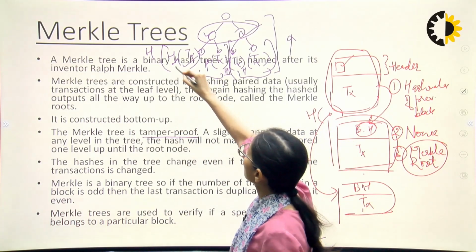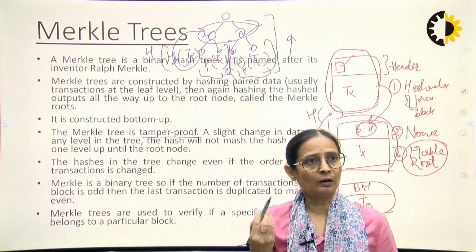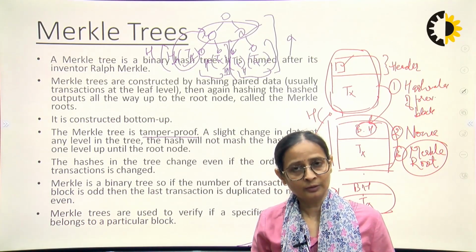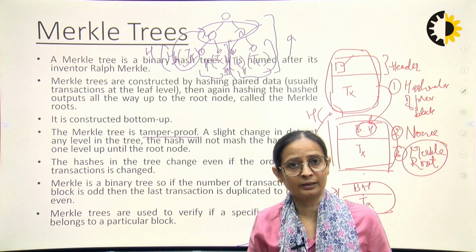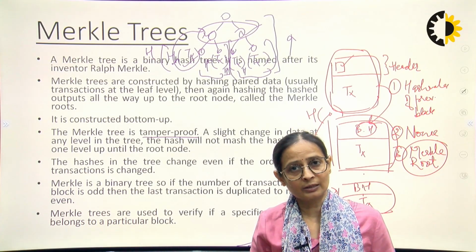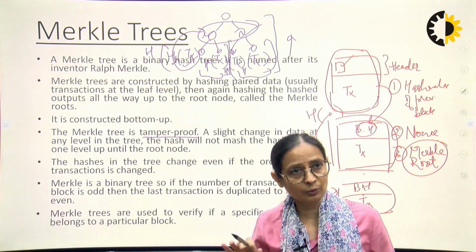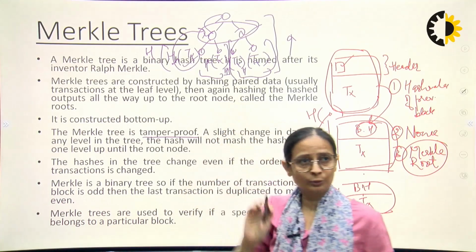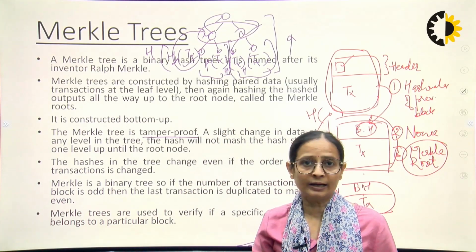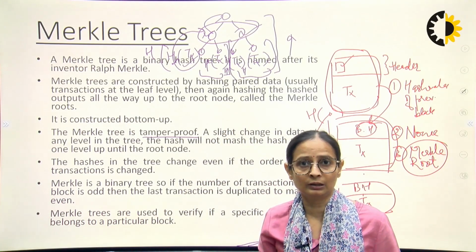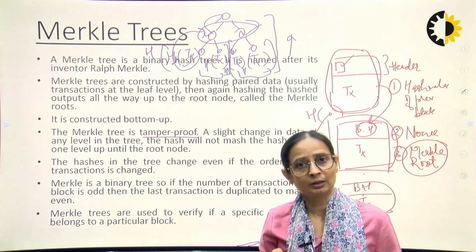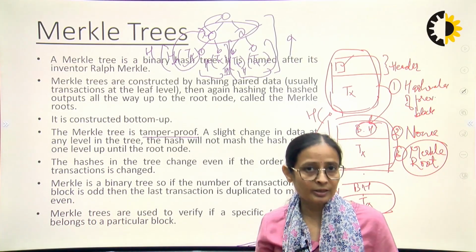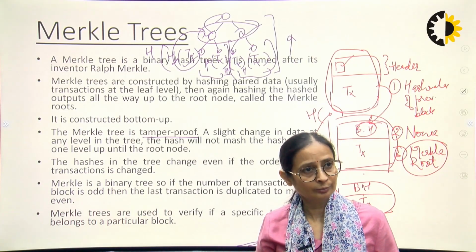This impact would be reflected on its parent node. Again, the parent node becomes malicious because it contains a different hash value than the original one, and similarly this would impact the root node. So we can easily identify at which level things have become corrupted, and that is why we say that this tree is tamper proof.